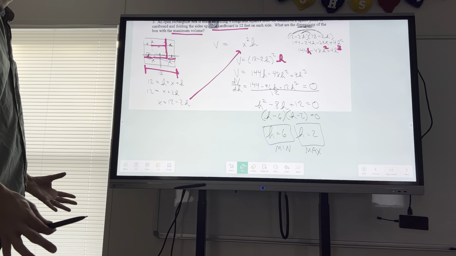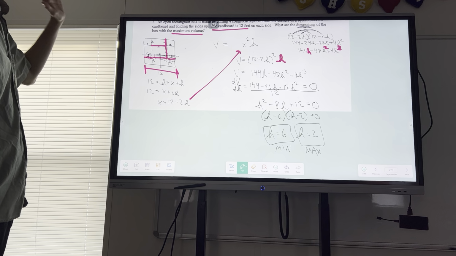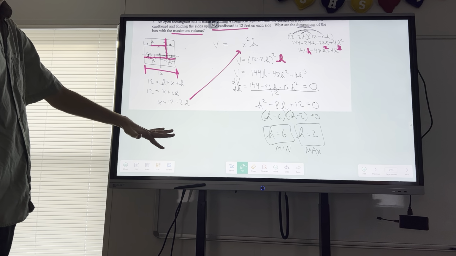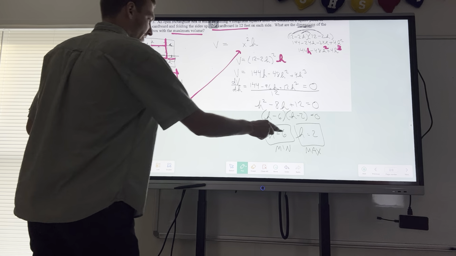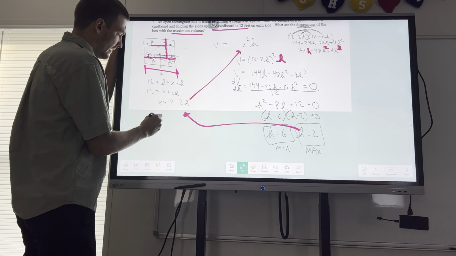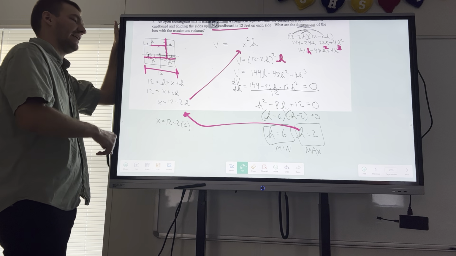And that's great. Let's answer the question, what are the dimensions of the box with the maximum volume? H equals 2. That's part of it. We can go back over here, figure out what x is. X equals 12 minus 2 times 2. X equals 12 minus 4.